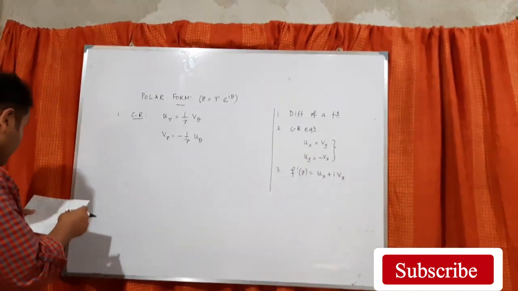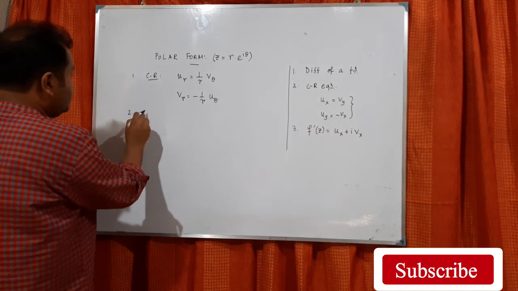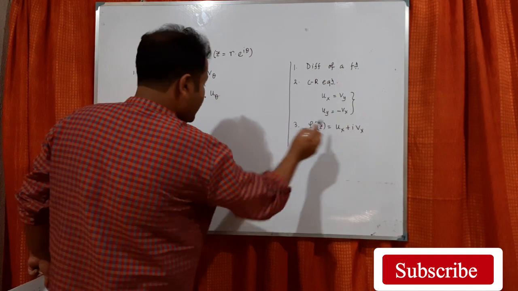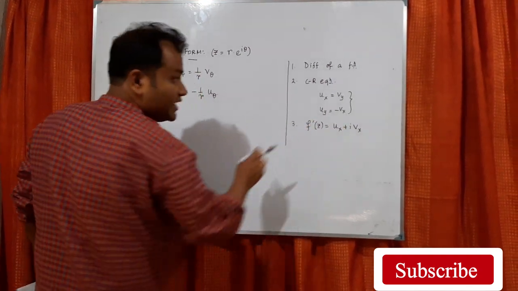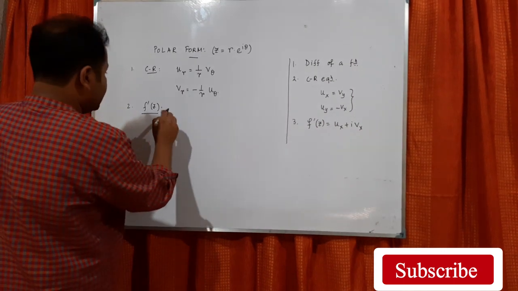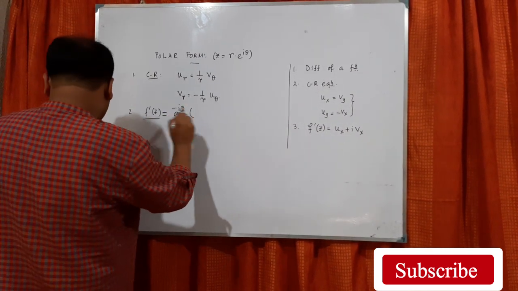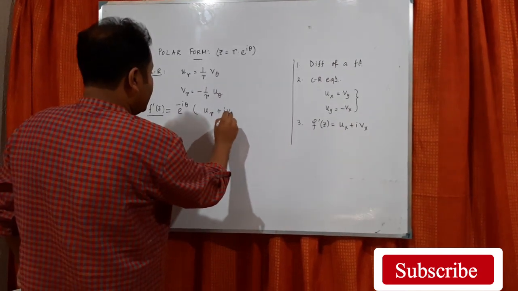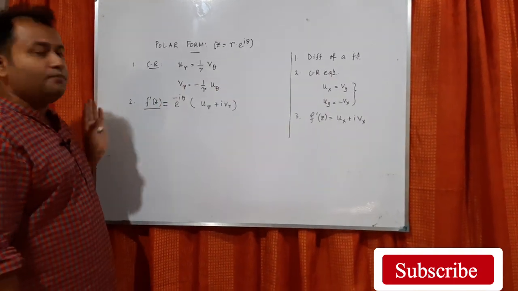Which is very important. And number 2, f dash z. Here we have got ux plus ivx, but in polar form this equals e power minus i theta ur plus ivr. So you have to understand this difference of Cartesian form and polar form.